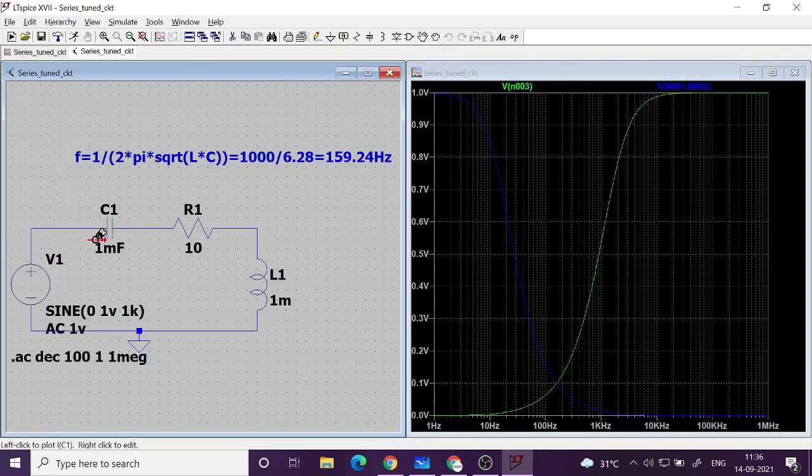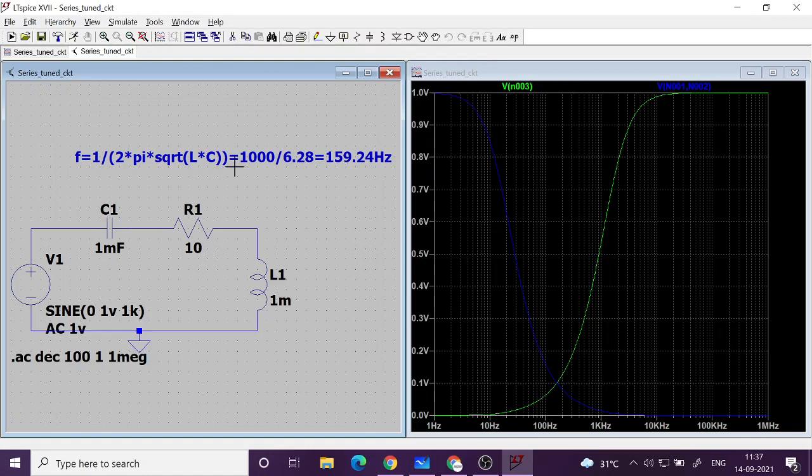You can find out the actual value. The actual value is 1 by omega C. Omega is 1 hertz here, so 1 hertz means omega equal to 2 pi. So omega into C is 2 pi into 1 milli, and 1 by that is about 159 ohms, right?